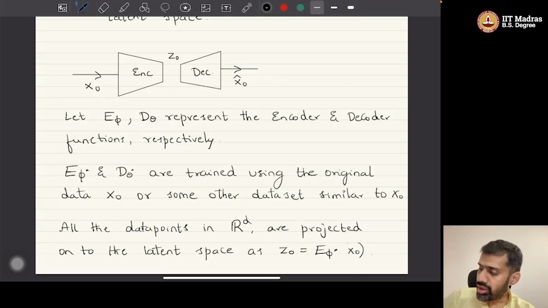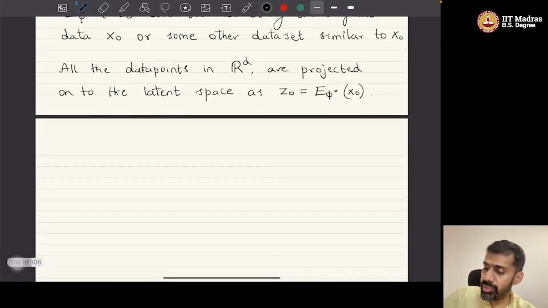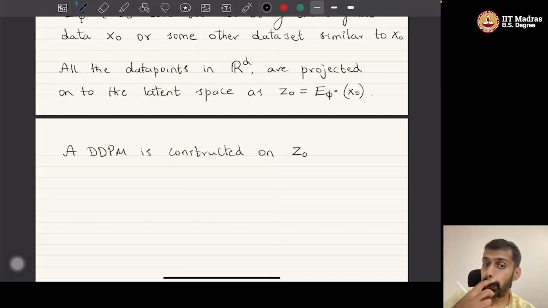Now a DDPM, a diffusion model, is constructed on the space of z naught.